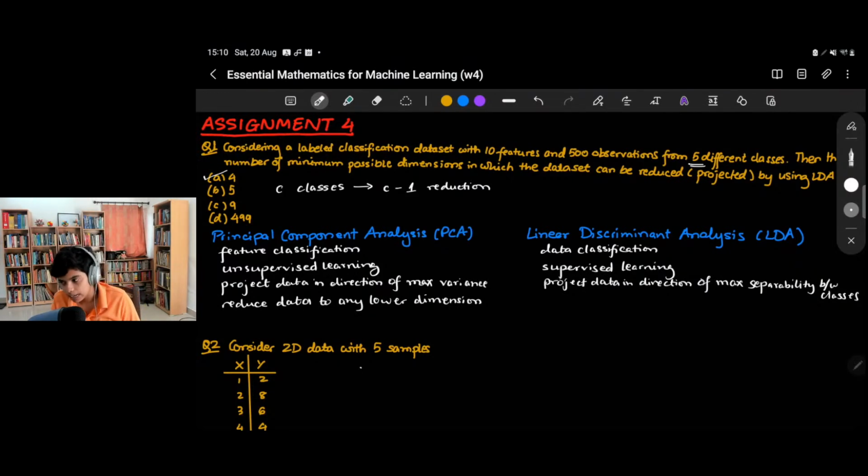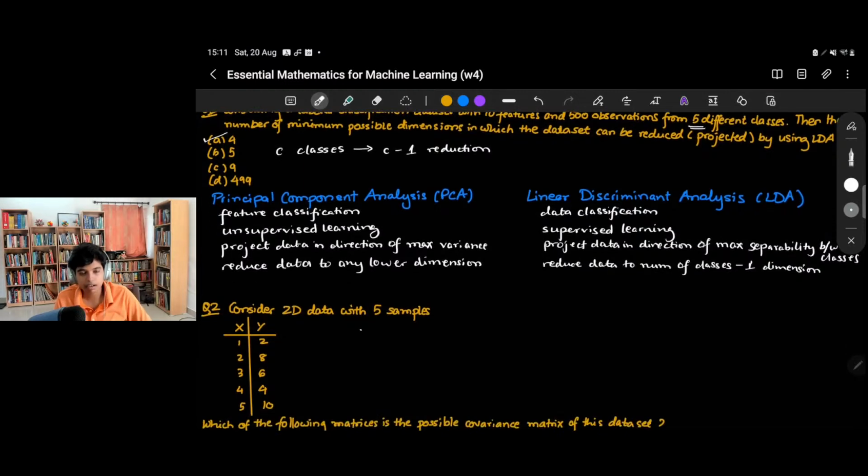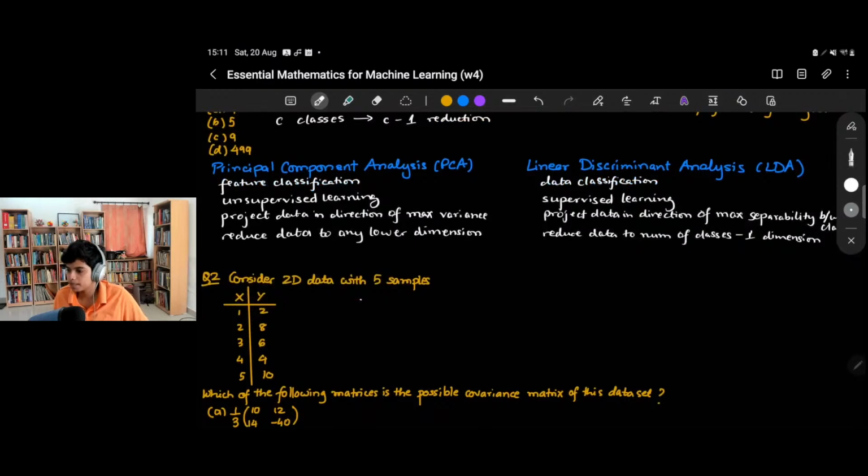But in LDA, we can reduce data to number of classes minus 1 dimensions. So we saw 5 classes can be reduced to 4. So these are some basic features and properties of PCA and LDA.